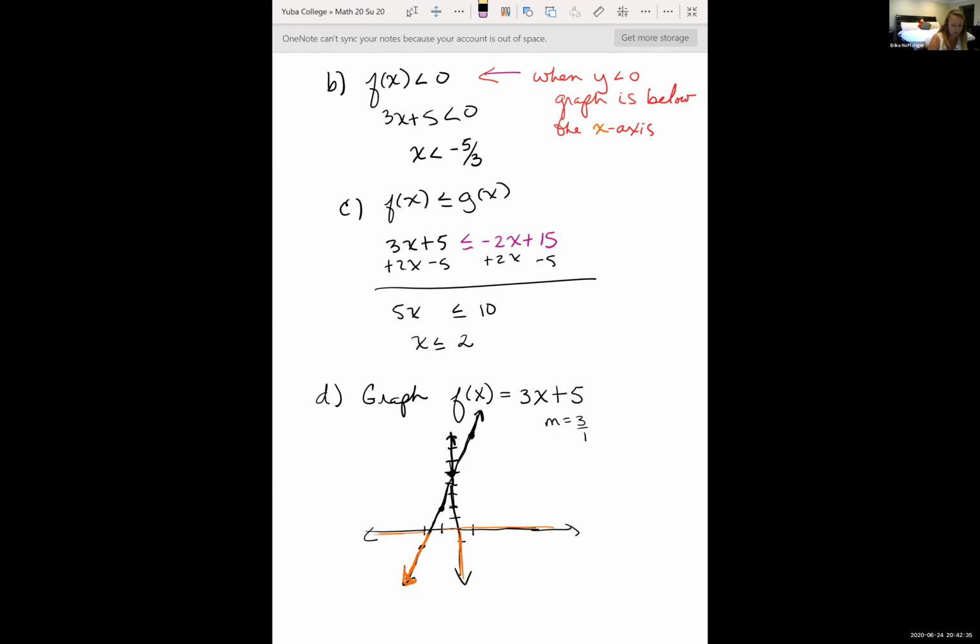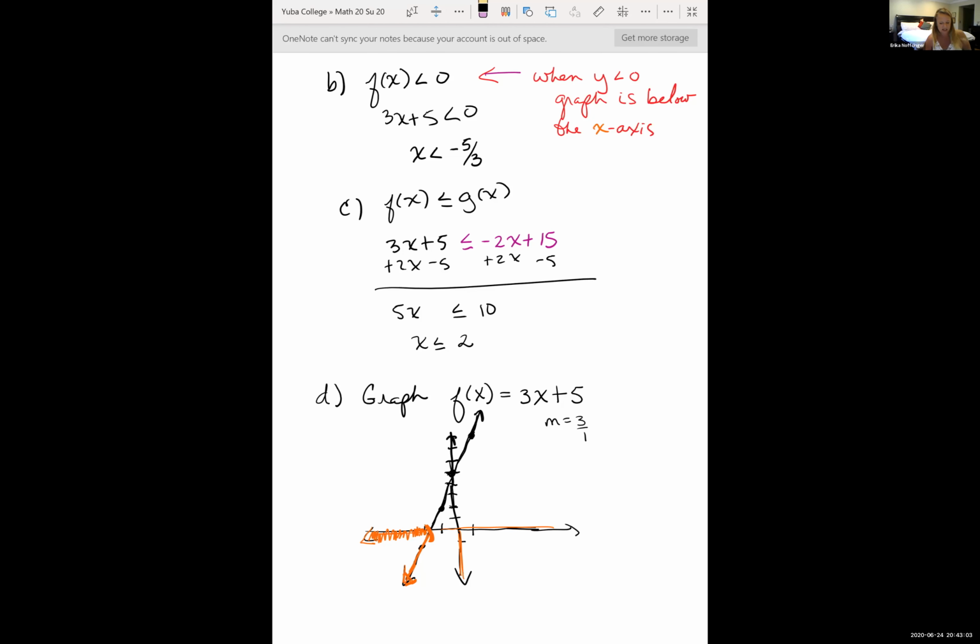So that's negative 1 2/3, which is right here. Any x value you chose that's smaller than this is going to give you a y value that is negative. If you chose an x value to the right of negative 5/3, notice that the y value you're hitting is above the x-axis and positive.